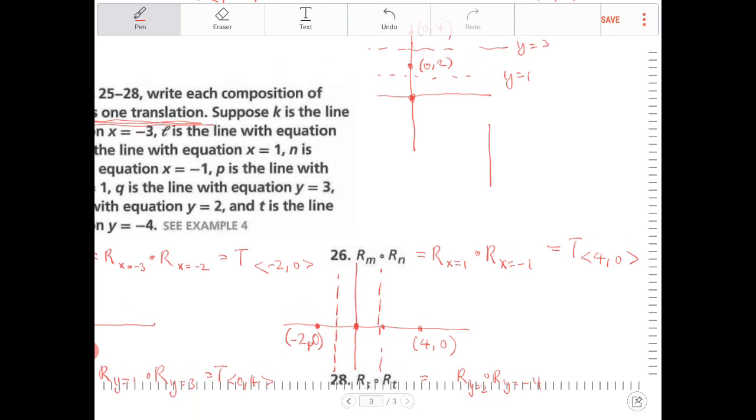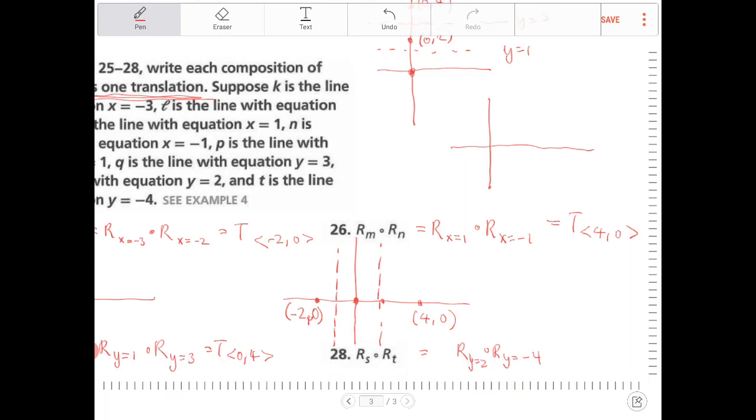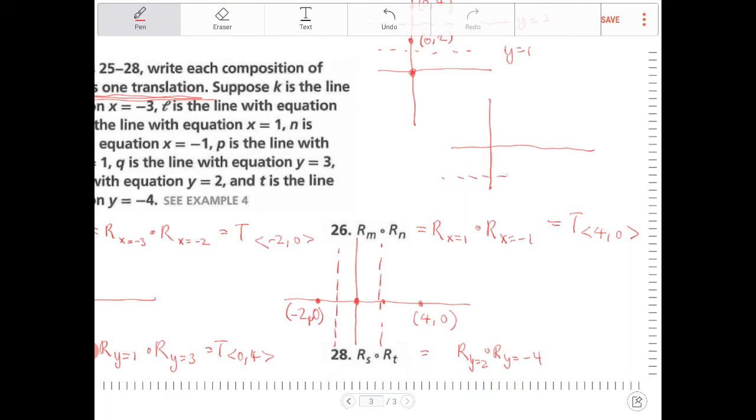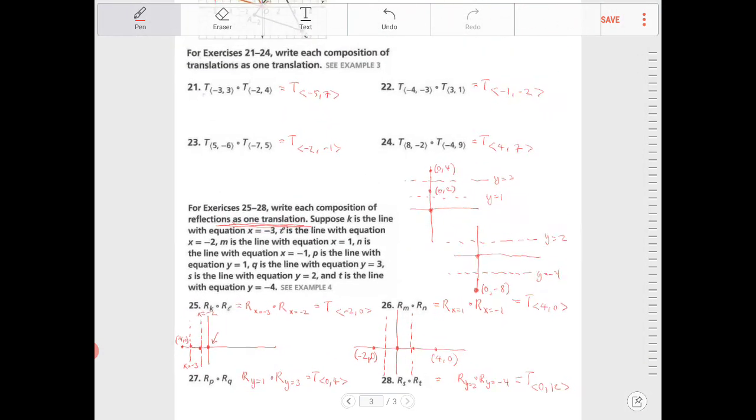So again, if I go through this, y equals negative 4 is down here, and y equals 2 is up here. If I reflect this, that means I'm going to be somewhere down here, which is going to be 0 comma negative 8. And then I'm going to take this, that's going to be 10 away from y equals 2, so it's going to be 12. So this is going to be a translation of 0 comma 12. And that's it.